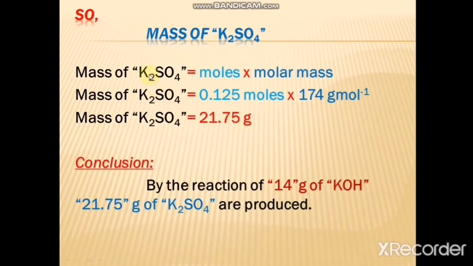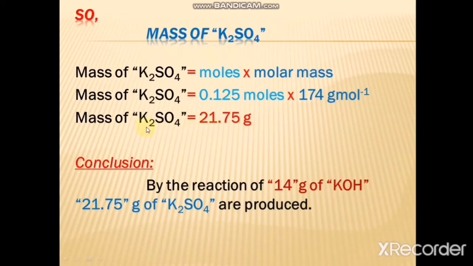Now use the equation: moles is equal to mass by molar mass. After rearranging the equation, mass of potassium sulfate is equal to moles multiplied by molar mass. So by putting the values, you have 0.125 moles of potassium sulfate multiplied by molar mass of potassium sulfate, which is 174 grams per mole.